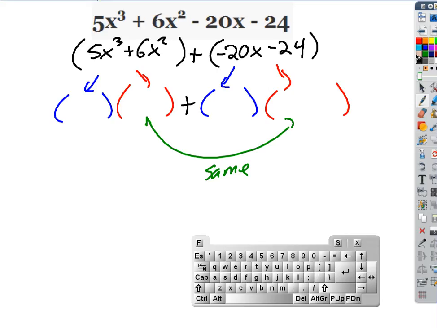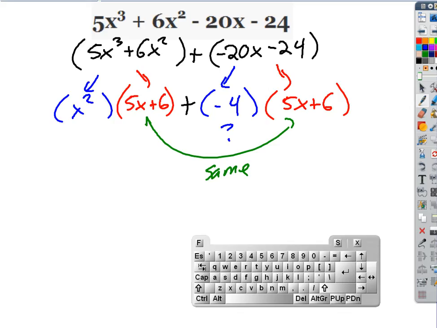So does that mean x squared is negative 4? No, it doesn't. Not quite. Now we've got one more part of this that we haven't done yet. Being as these two are the same, this one and this one, we can grab those from each term and factor it out, right?